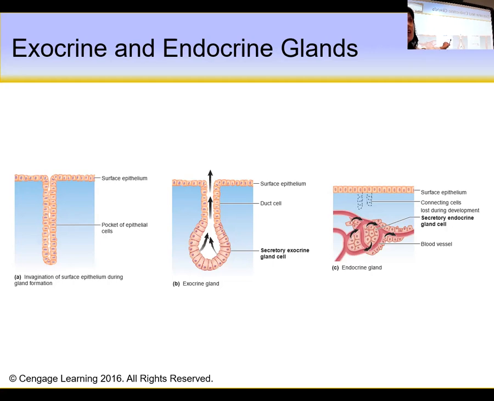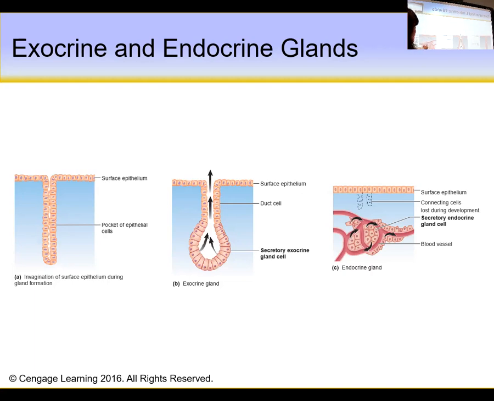So anytime you think of exocrine glands, the secretions are going to travel through a duct, which means tubing, like your ductwork in your house for heat and air. Exocrine gland secretions go through a duct or a tube, right? You can see how those secretions, like sweat, are going to just be secreted through that little tube.